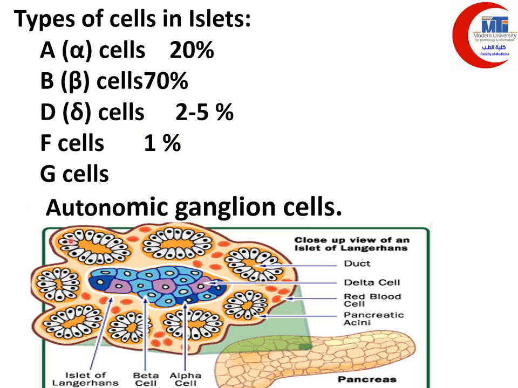And the other few cells are called F cells, G cells, and autonomic ganglion cells. So the main three types of cells in the islets of Langerhans are alpha cells, beta cells, the main type, and delta cells. Then other few cells are called F cells, G cells, and autonomic ganglion cells.